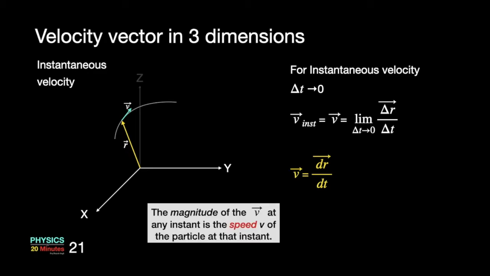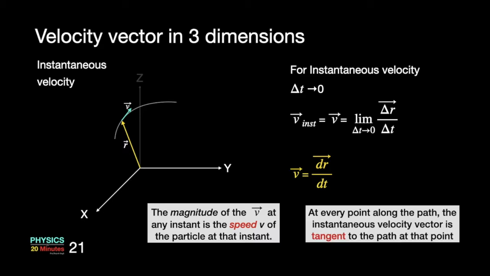The magnitude of the velocity vector at any instant is the speed v of the particle at that instant, while the direction of the velocity vector is given by the direction of the displacement vector dr, which is tangential to the path. So at every point along the path, the instantaneous velocity vector is tangent to the path at that point.